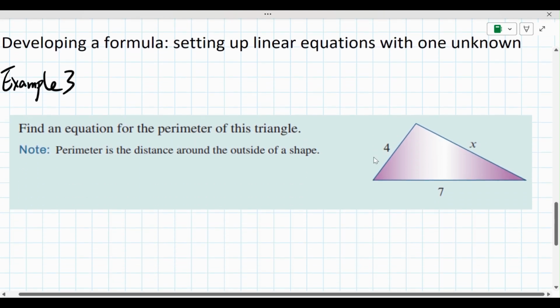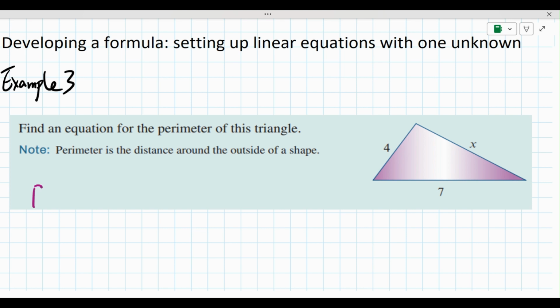Now we're going to determine the formula. We're going to create a formula for us. Once we need to create a formula, first, the perimeter: I'm going to set up p equal to perimeter. And I'm going to set up x as the length, which we don't know.